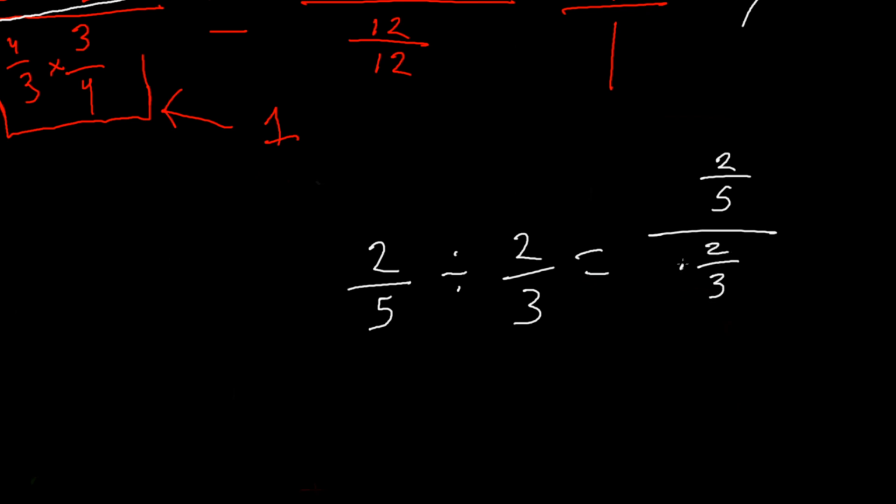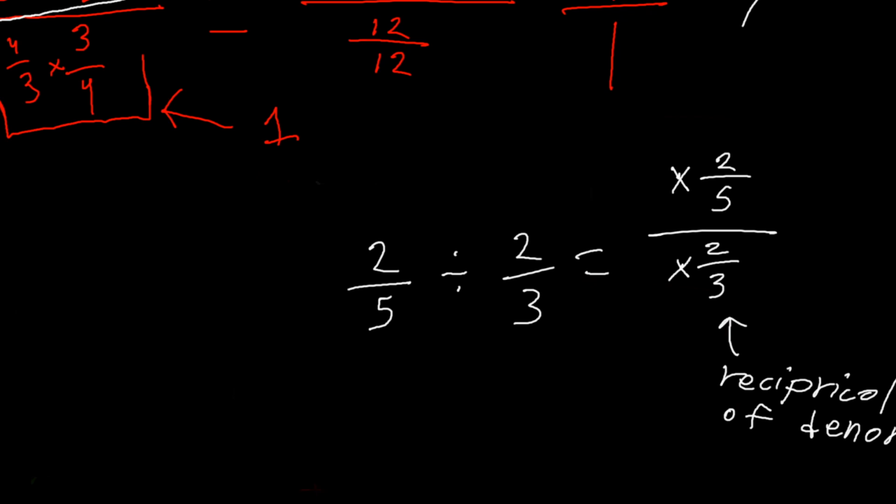And now we would multiply the top and bottom by the reciprocal of the denominator. And the reciprocal of that is just 3 over 2. And whatever we multiply to the bottom, we have to do it to the top as well.